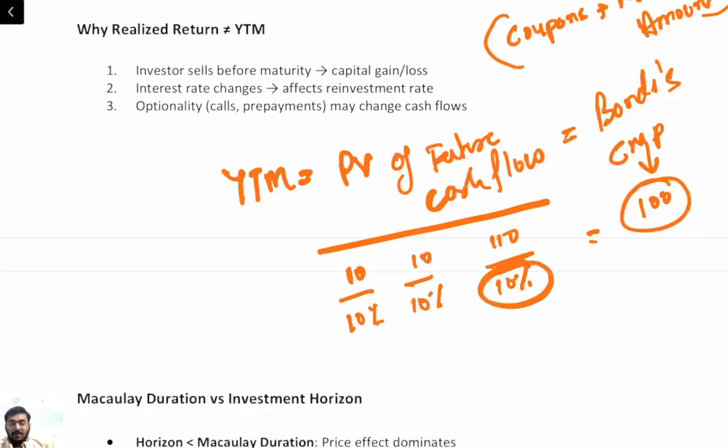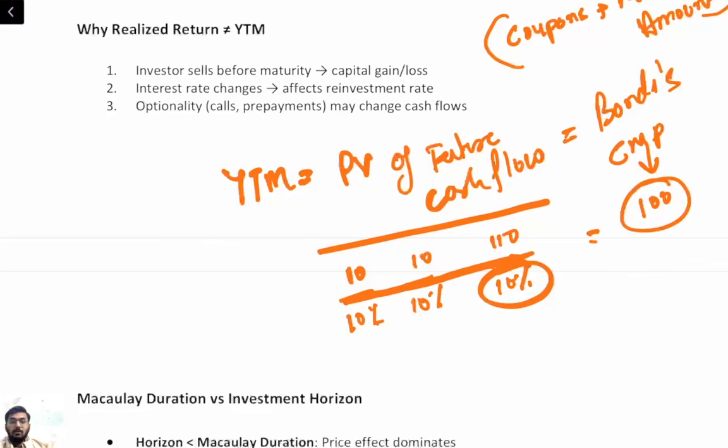So what is my YTM? 10%. So the present value of all the future cash flow when it is discounted at the given rate and it leads to the current market price, then that rate is known as the YTM, or YTM is also known as the IRR, internal rate of return of that particular bond.